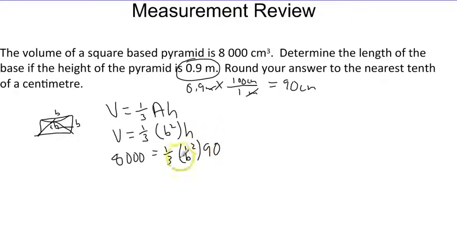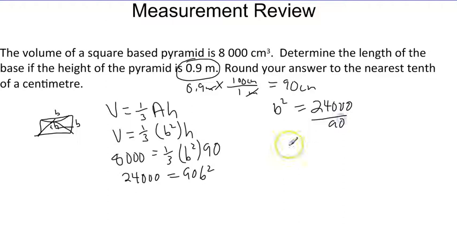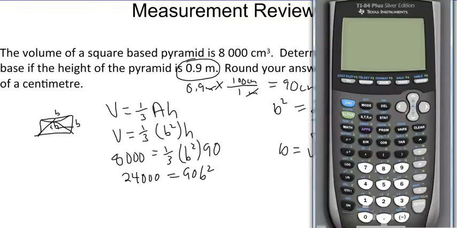Okay, determine the length of the base. Alright, so we're going to multiply by 3 first, right? Get 24,000 equals 90b squared. So b squared is 24,000 divided by 90, and b is the square root of 24,000 divided by 90.